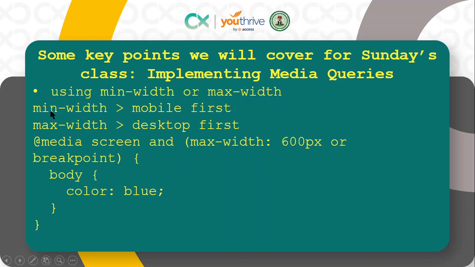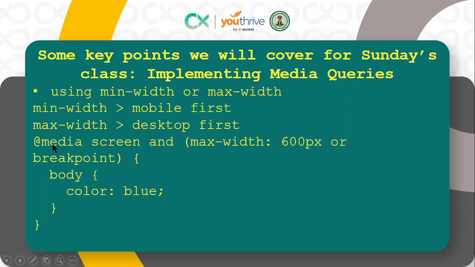So we can say the min-width starts from the smallest viewport and scales upward, whereas the max-width starts from the maximum screen, which is the desktop, and scales down. So if you're using min-width, you use min-width. If you're using max-width, you use max-width, but you can combine both of them if you understand how they work.